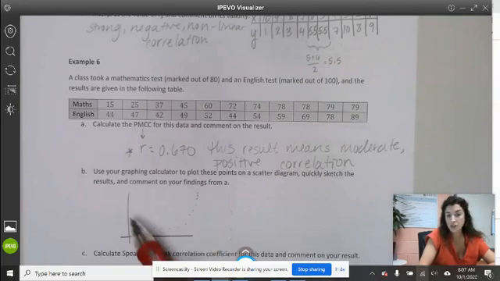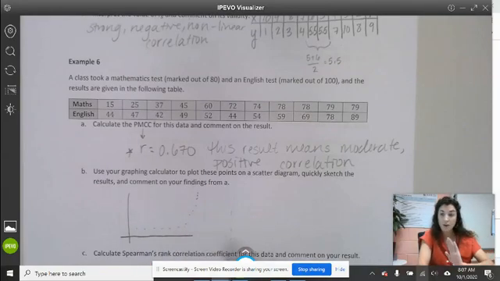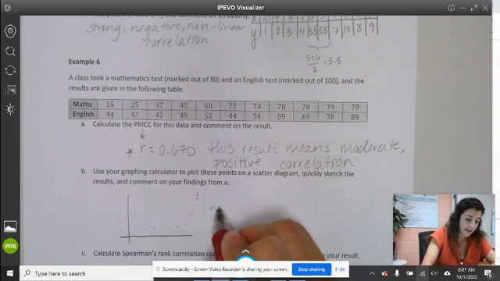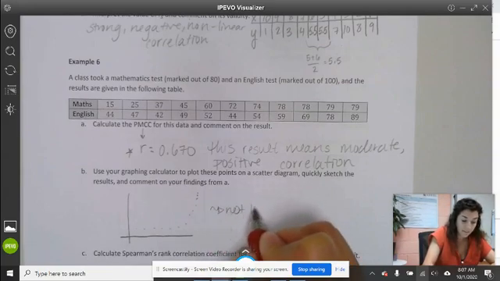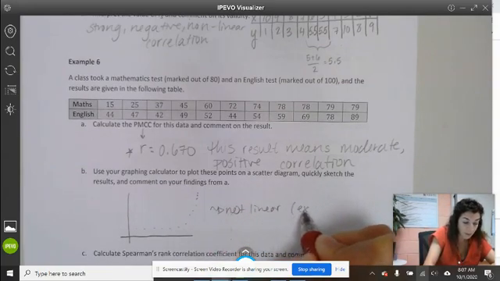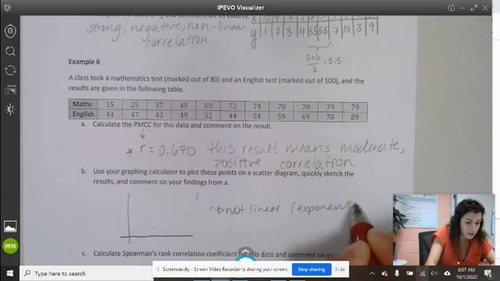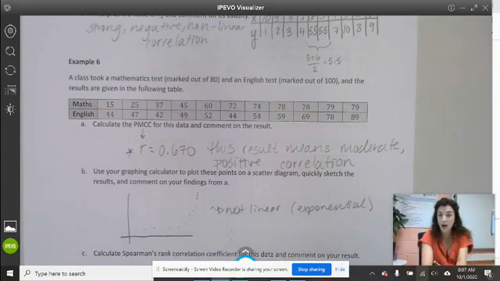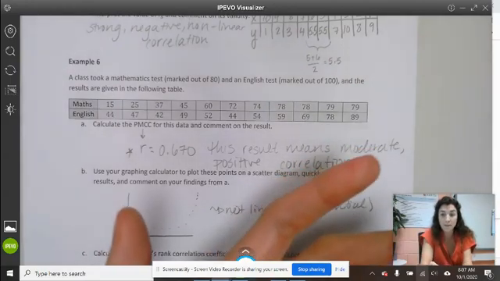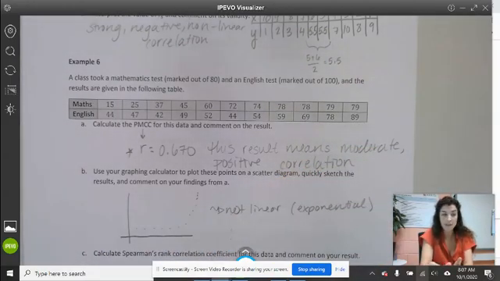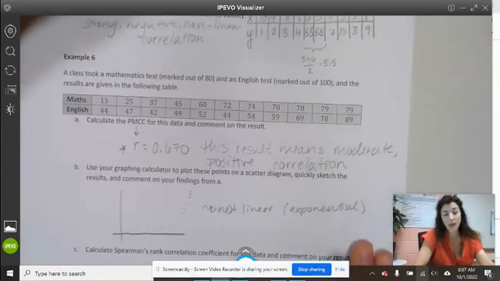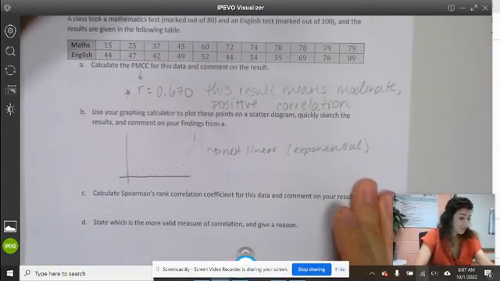So your real quick sketch of the behavior of the scatter plot should look like this. It's not linear, probably more exponential. Exponential tends to be the most common type of graph that we see because it's a very applicable model that we see a lot in the real world.